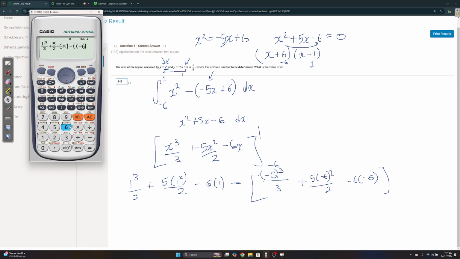Remember, put it in brackets. 6 cubed over 3 plus 5 times minus 6 squared over 2, minus 6 times minus 6. We should get minus 343 over 6. Remember, we make it positive, so you get 343 over 6.